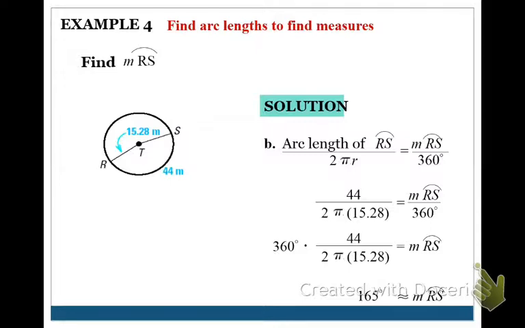This is 360 times 44 divided by 2 pi, 15.28. Oh, it's 15.28, not 0.18. That's why you're off.